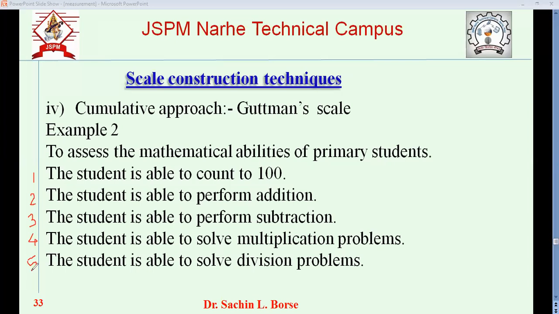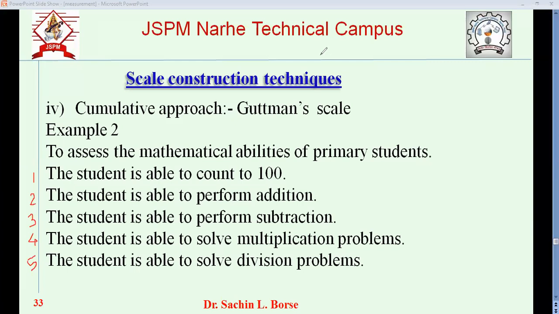Then he is able to perform multiplication. Then comes the student who is able to perform division. So multiplication is easier, division is difficult. When I say the student is able to perform division, it means he is able to perform multiplication, subtraction, addition, and he is able to count the numbers from 1 to 100.